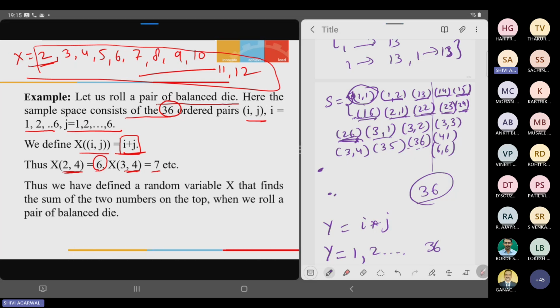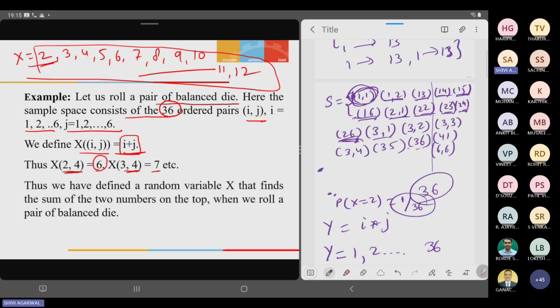Now can you find out the probability when x is equal to 2? How can you find out? You know very well, 2 is possible only in one case, 1 1. Otherwise, it is not possible. So only one favorable case, and total cases are 36.